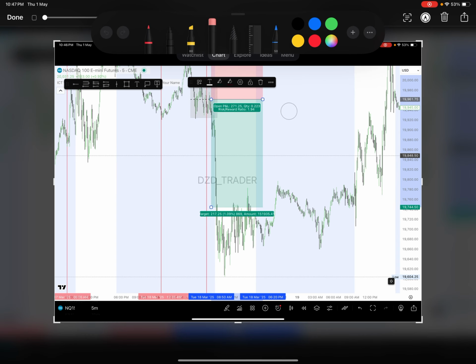In NASDAQ, if you made 220 points, one contract is $20 per point. So let's do the math. 220 points, and the profits you'll be taking amount to around 2,000 for each 100 points.